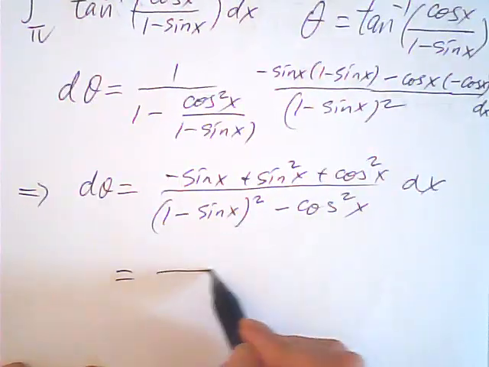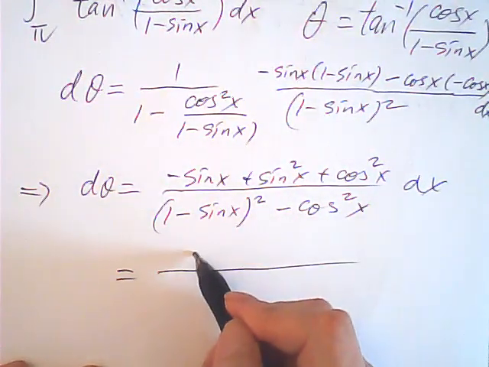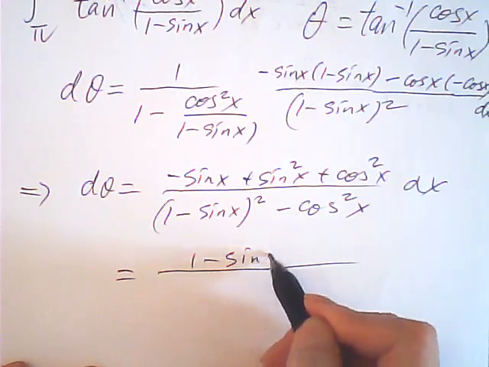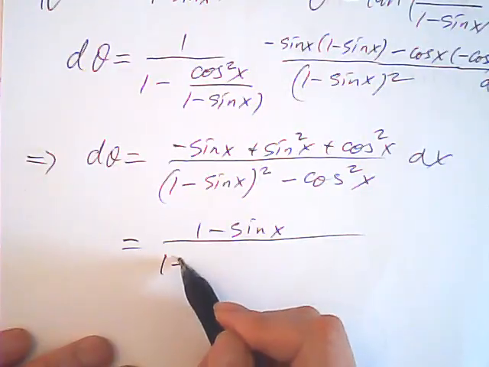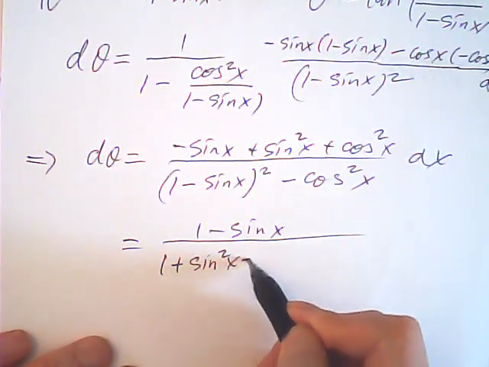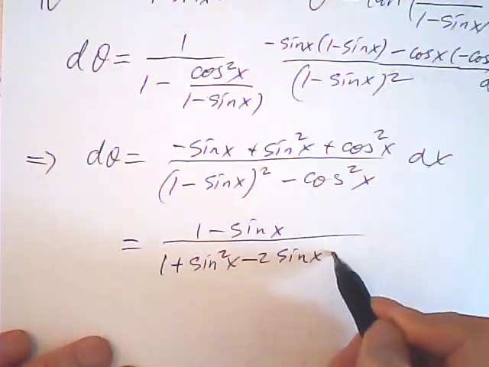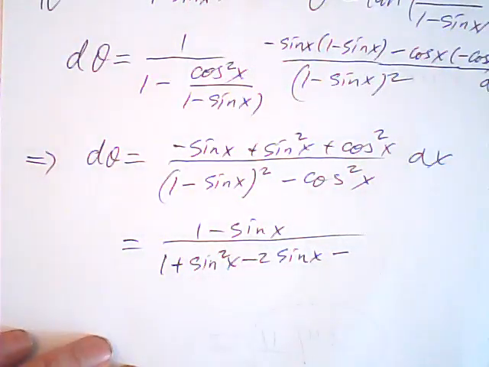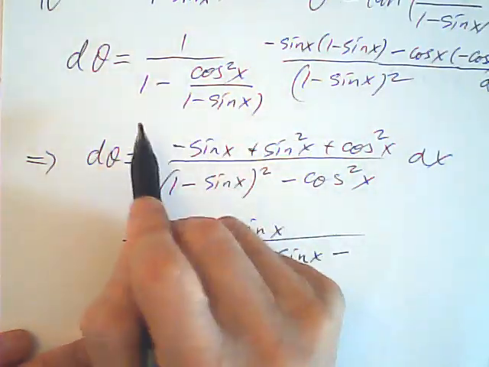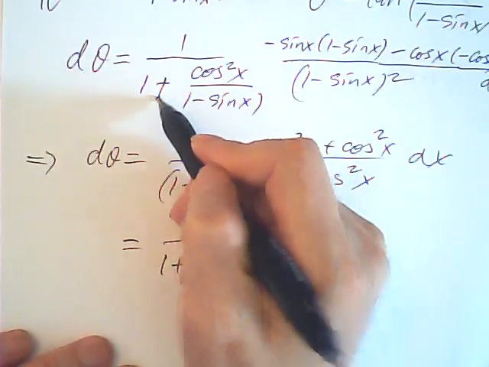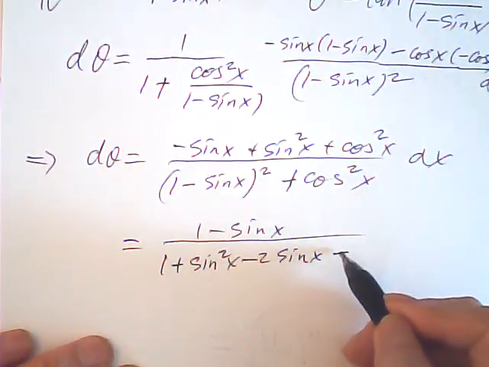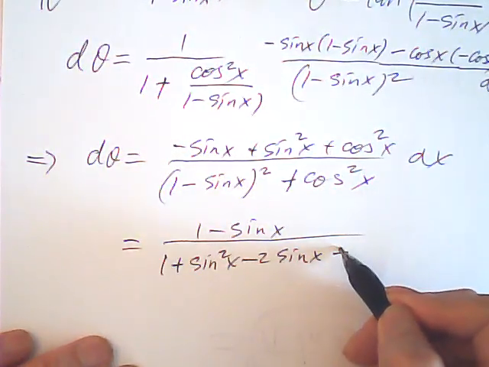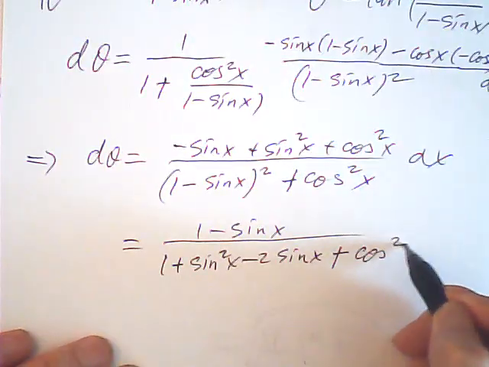So which is equal to 1 minus sine x on top. This would be 1 plus sine square x minus 2 sine x plus, right? Yeah, the derivative of tangent is plus. I'm sorry. So it's a plus cosine square x.